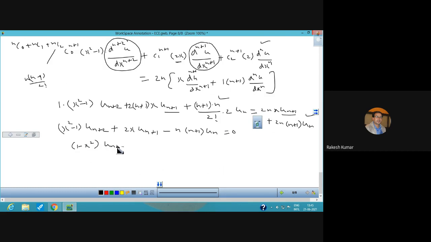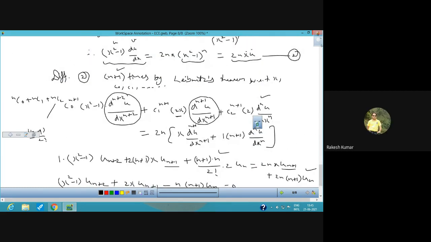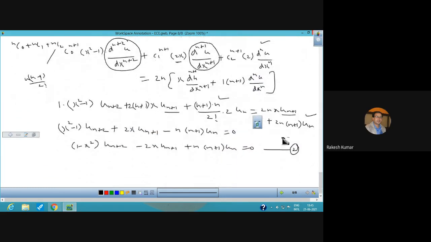Minus can be taken common, so you will have minus 2x un plus 1, n into n plus 1 into un is equal to 0. Name it as equation number 2. Sorry, 2 is already given, so name it as equation number 3. Now rewriting this differential equation, what is this?